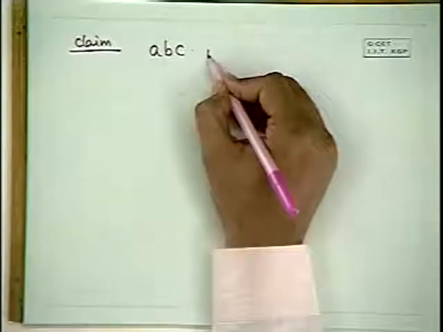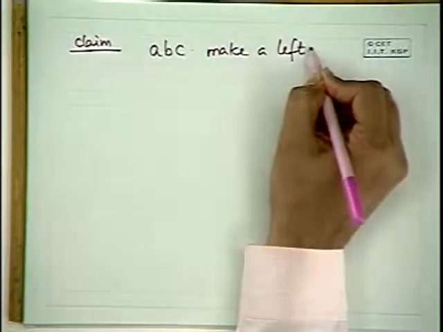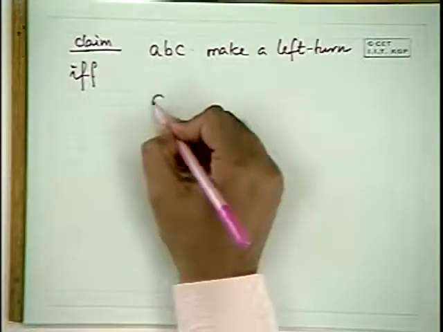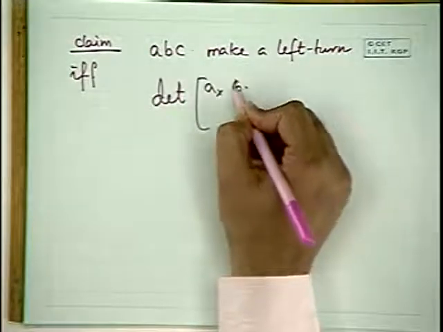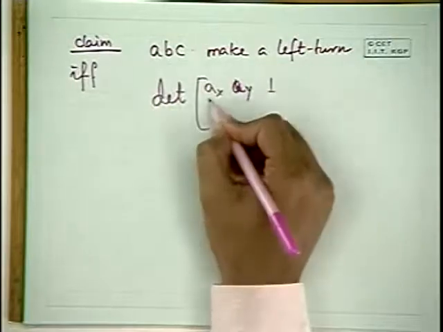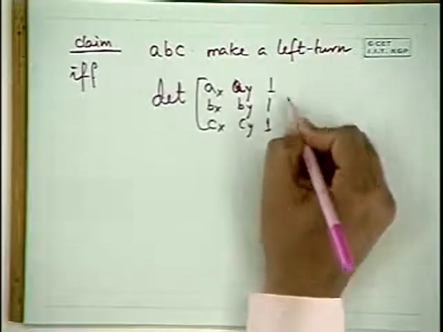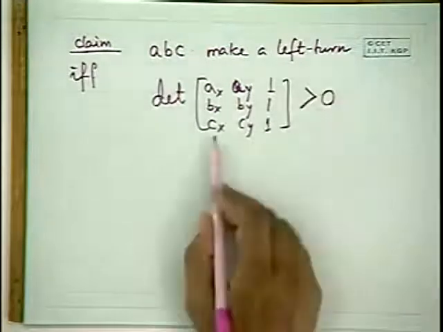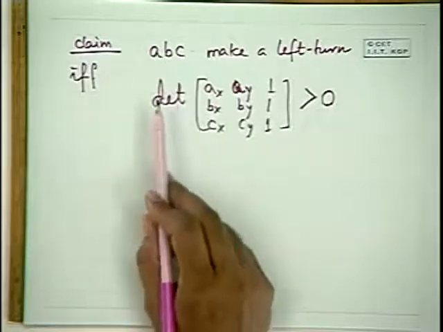So we say A, B, C, the 3 points make a left turn if and only if you calculate this determinant: Ax, Ay, 1; Bx, By, 1; Cx, Cy, 1. If its value is greater than 0, basically its sign is positive, then ABC will make a left turn in the counterclockwise manner.